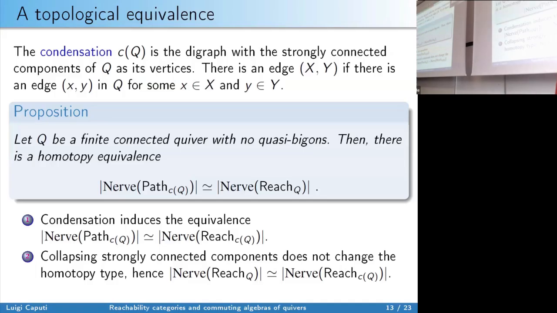The reason is that if the strongly connected components do not matter up to homotopy, then I can collapse all of them, and by collapsing all of them the homotopy type is preserved, and this is precisely what the proposition says. So up to homotopy equivalence, the reachability category and the path category are quite alike. Unfortunately, I put the assumption that we have no quasi-bigons.